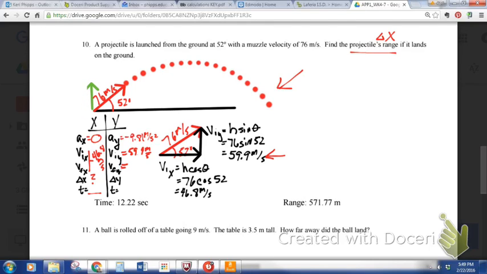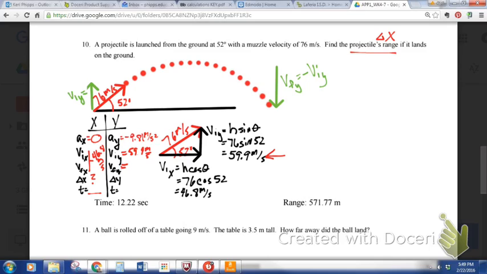If we have this initial y velocity over here, then because it's parabolic motion, we know that this exact same thing is happening over here. The only difference being that it is now negative. So your v final in the y direction is basically your negative v initial.